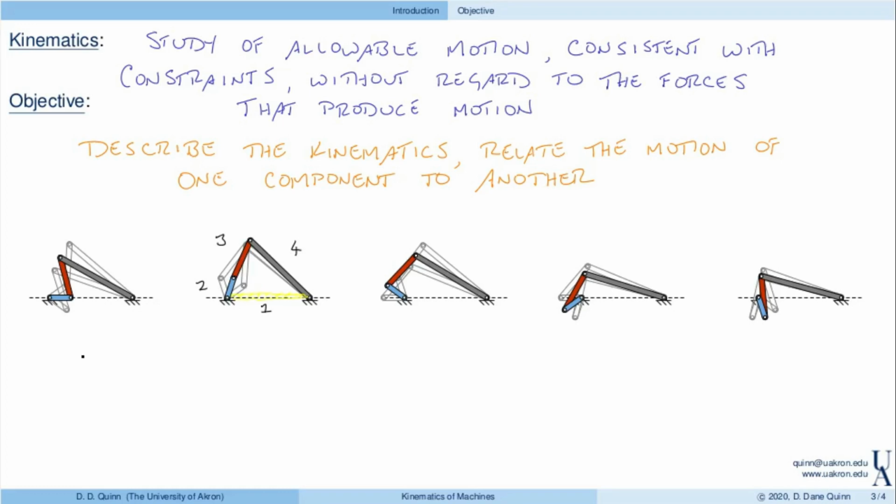We'll look at position, and then we'll look at velocity, and then finally we'll look at acceleration. And I'll point out, and this is an important part of this class, for an ideal mechanism, and that's one that has no losses, right? So there's no friction at the joints. And also the masses are assumed to be massless, right? So we don't have to worry about inertial effects.